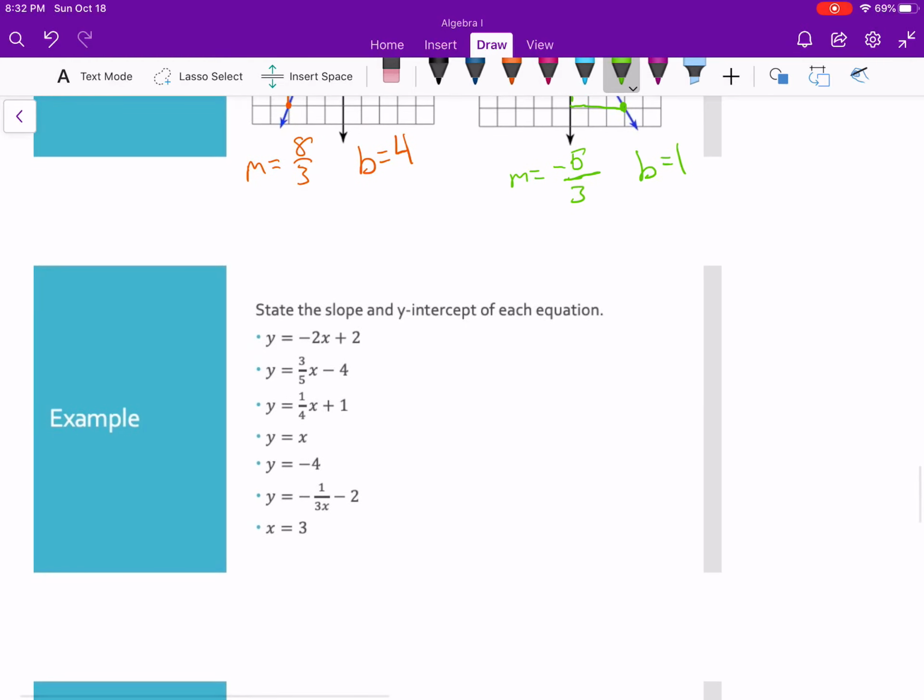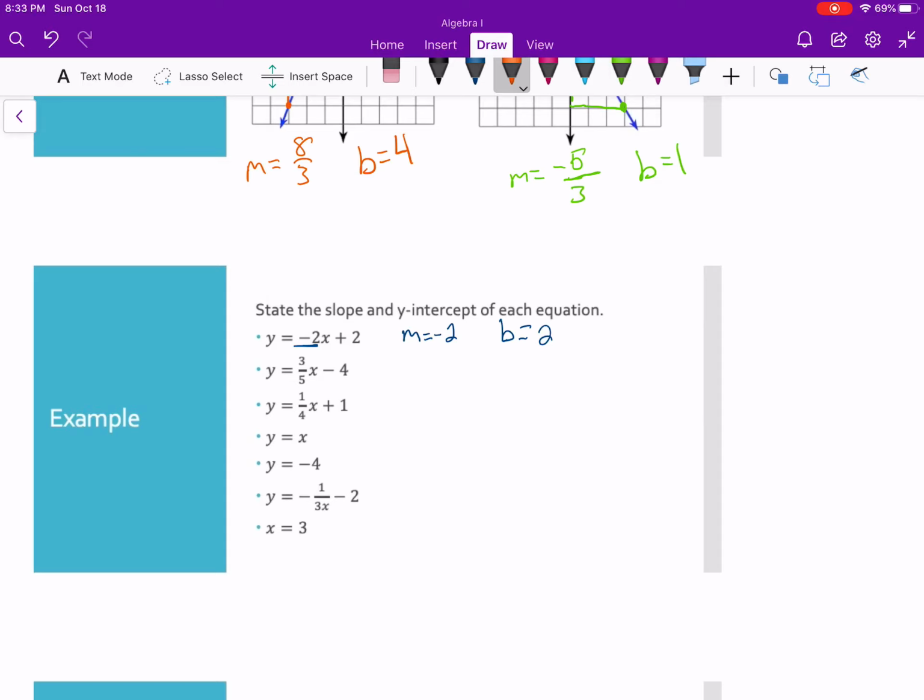Now let's do that same thing, but from an equation. So looking at the first one, our slope is the number in front of the x, so we have our -2, so m equals -2. And our y-intercept is what's added or subtracted at the end, which is +2. And I don't even have to write the plus, it just is 2.